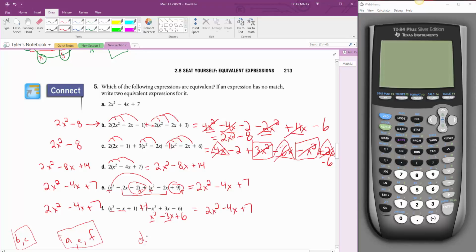So you could do anything you wanted. You could make this as simple or complex as you want. So if I want something to equal 2x squared minus 8x plus 14, something easy that you could do is say, let's add 5 and then subtract 5 away.